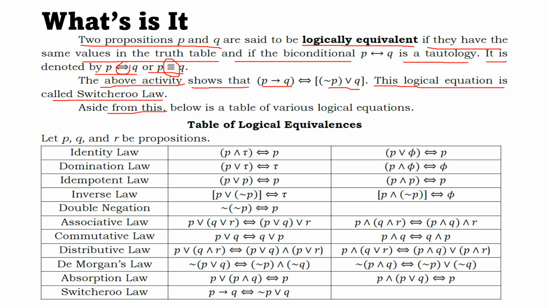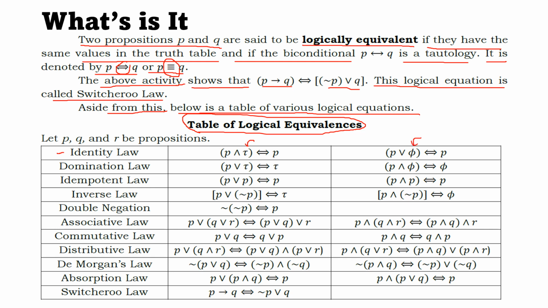Aside from this, below is a table of various logical equivalences. So let's move forward with the table of logical equivalence. Let P, Q, and R be propositions. First is your identity law. When you say identity law, you'll see a tautology and a contradiction on this part.